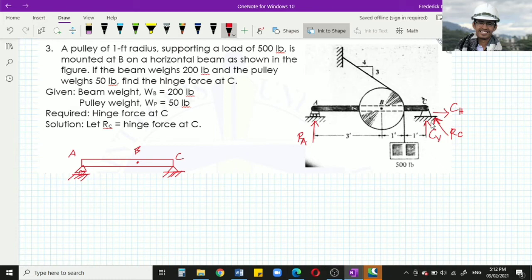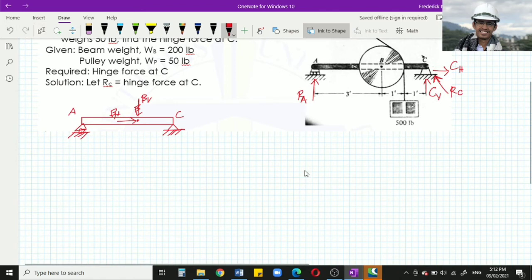So meron tayong yung resultant nito, magkakaroon tayo dito ng vertical force, which is BV, and horizontal force, B horizontal. Okay? So para makuha natin yung BV tsaka BH, makukuha natin yon dito sa ating pulley. So pwede nating i-isolate yung ating pulley. So if we have here yung pulley, and we have a 500 pounds.